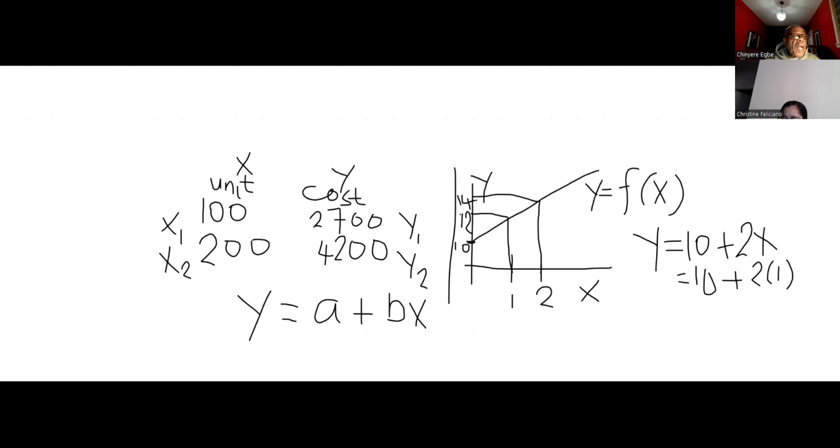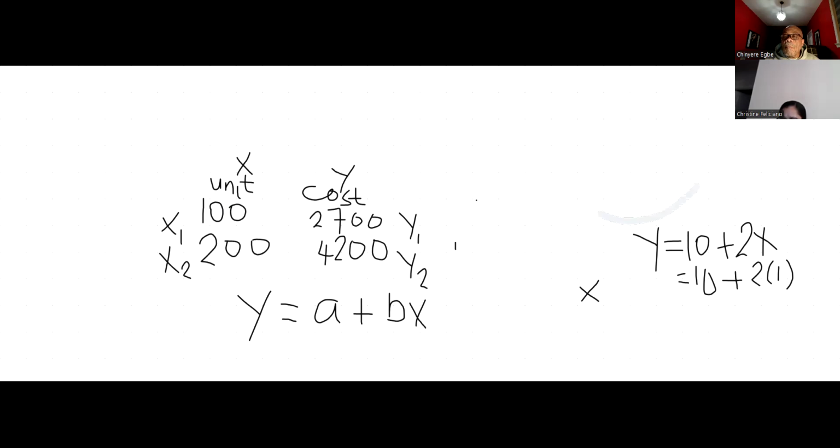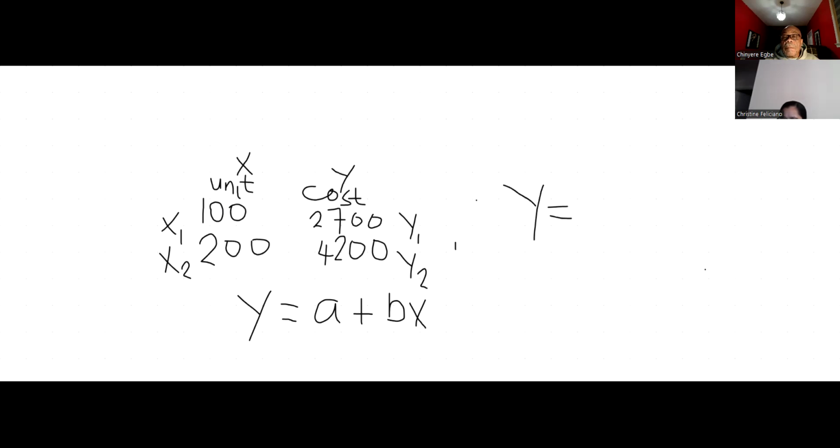Now, I'm going to erase that. All right. Now, the function could be downward sloping. Y is equal to, say, 30 minus 3x.